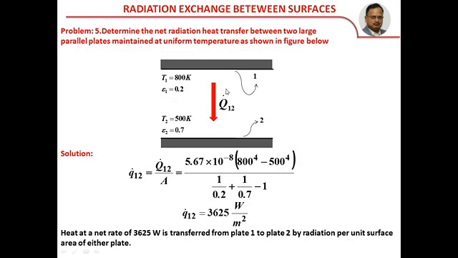A1 equal to A2, both are very large parallel plates, say A. So take A common, you will get the expression 1 by epsilon 1 plus 1 by epsilon 2 minus 1 for total resistance. So Q is equal to sigma (T1 to the power 4 minus T2 to the power 4) by (1 by epsilon 1 plus 1 by epsilon 2 minus 1). Substituting those values, you will get 3625 watts per meter square.